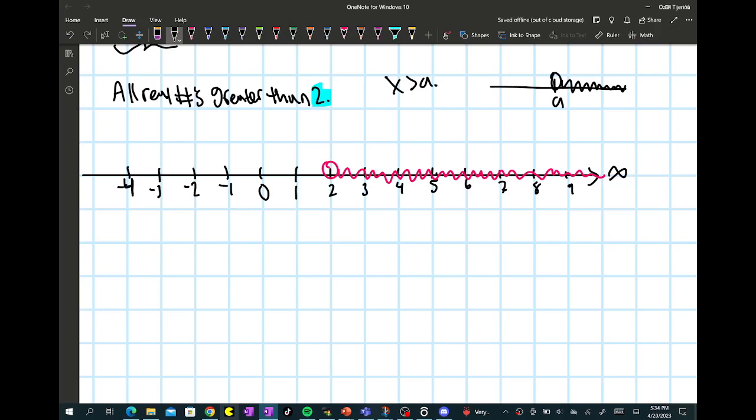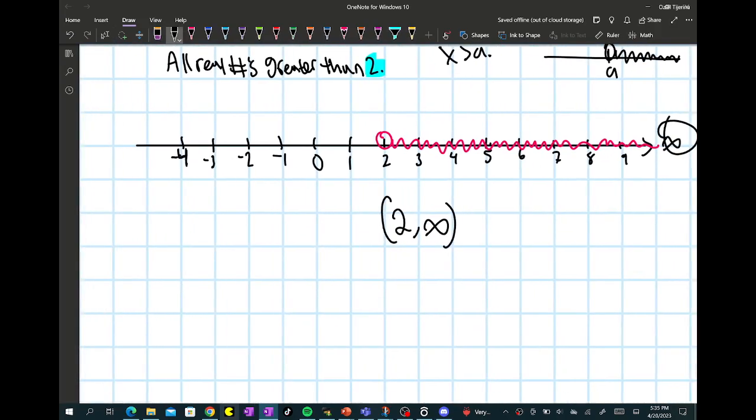But basically, here, we have an open circle at 2, so it'll be parentheses, because when we use an open circle, it's parentheses. We say 2, comma, and here's infinity, so 2 to infinity.